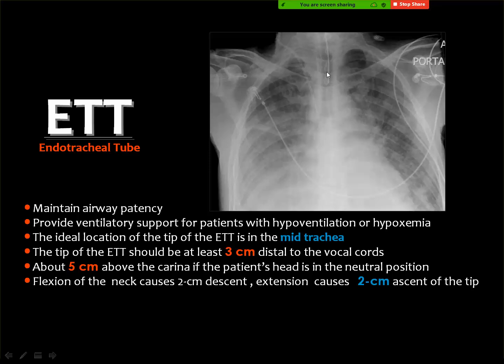Then the endotracheal tube's best location is about 5 centimeters above the carina, and you consider that the endotracheal tube will go down by 2 centimeters with flexion of the neck and go up 2 centimeters with extension of the neck.